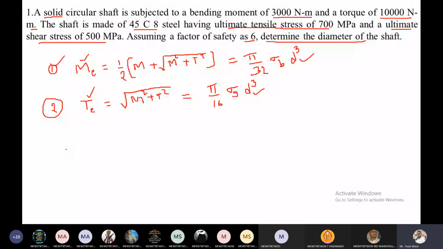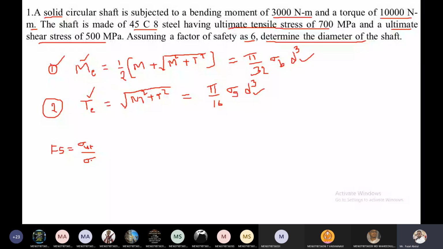It is the ratio of ultimate tensile stress to normal working stress. For this case, I am calculating bending stress, so instead of writing working stress, I am writing the working stress for bending.